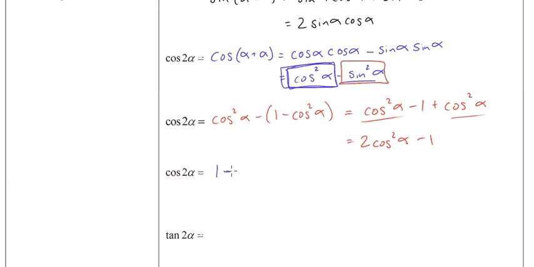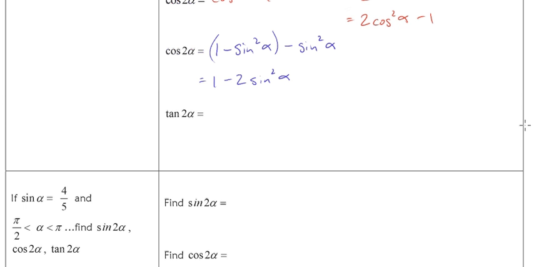So it's going to be 1 minus sine squared alpha, just replacing that in there, minus sine squared alpha, the second half from back up here. And this is equal to 1 minus sine squared alpha minus sine squared alpha, so 1 minus 2 times sine squared alpha. All right, there's another identity for our double angle formulas.